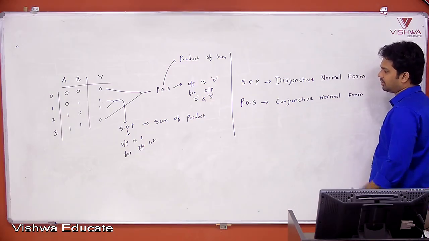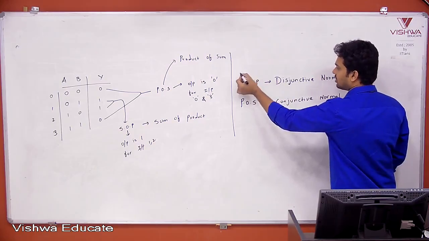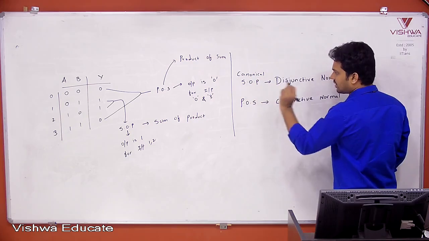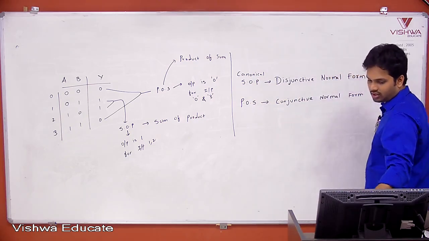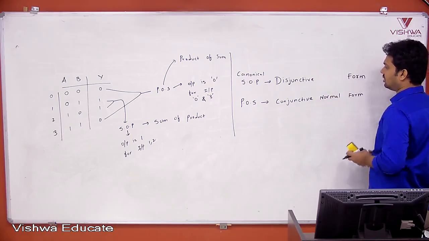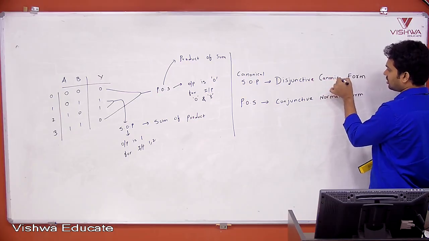Conjunctive normal form. After that, another name for this. Another one is canonical SOP. I will explain what canonical form is next. Canonical SOP is also called disjunctive canonical form.